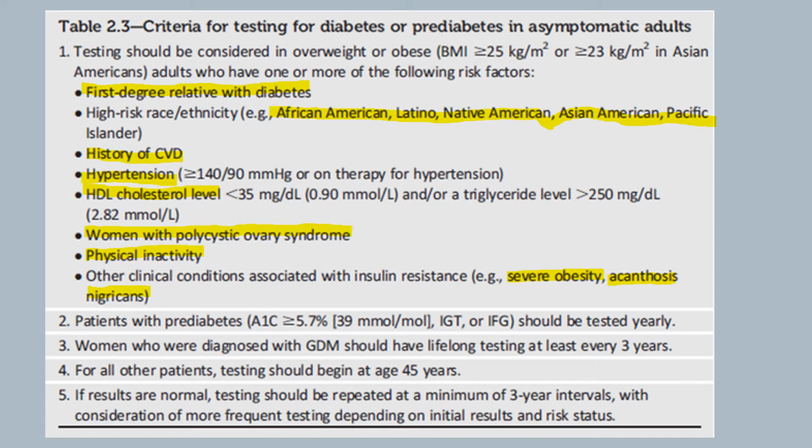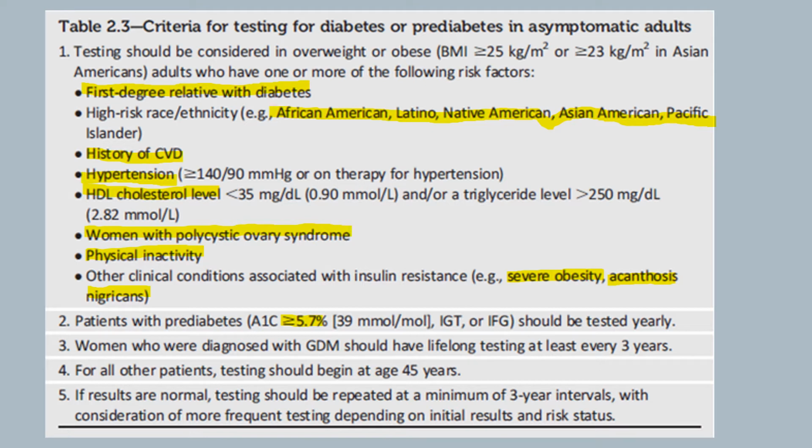Anyone who is in that high-risk pre-diabetic group, so if they had the A1C greater than 5.7 or an impaired glucose tolerance test, then they should be tested yearly. Women who had gestational diabetes should be tested at least every 3 years, lifelong. For other patients, they should be tested at 45 years if they are not in the high-risk group.